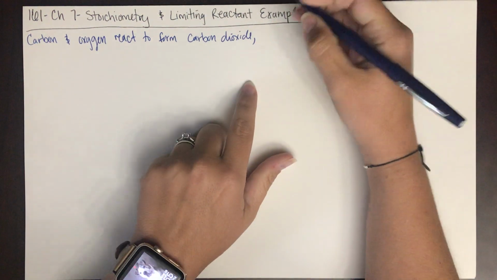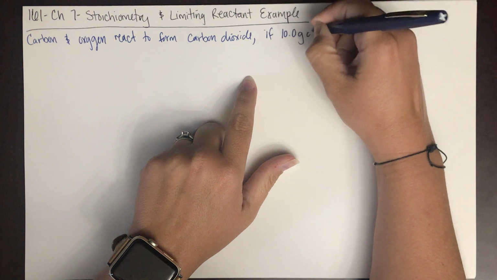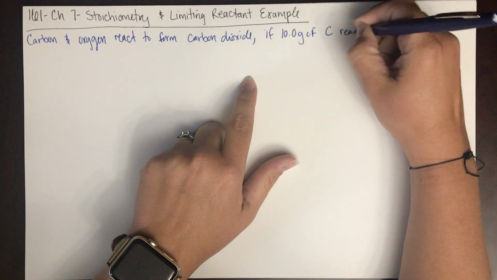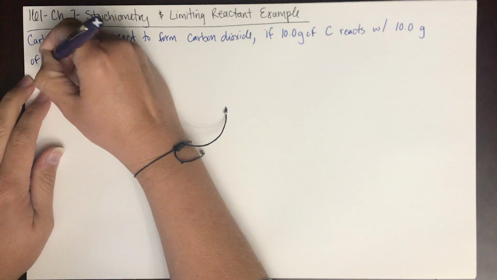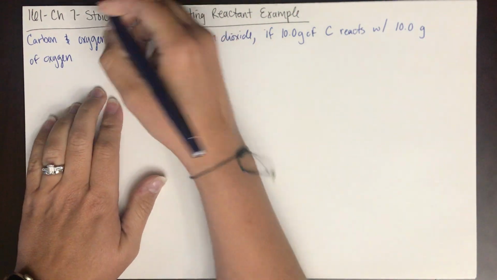If 10.0 grams of carbon reacts with 10.0 grams of oxygen, how much carbon dioxide can be produced?